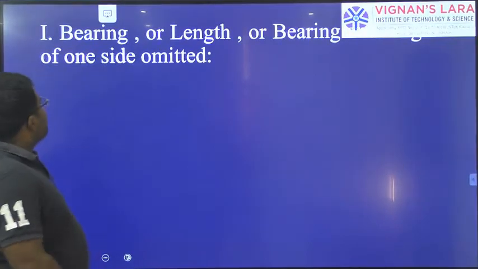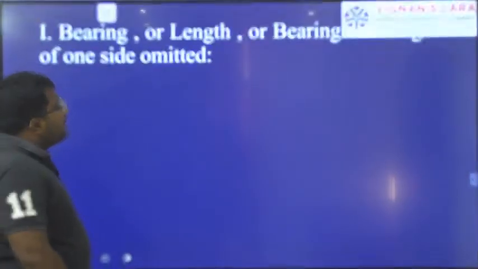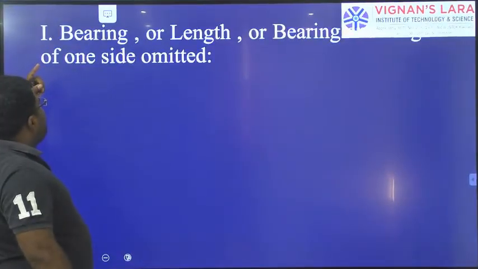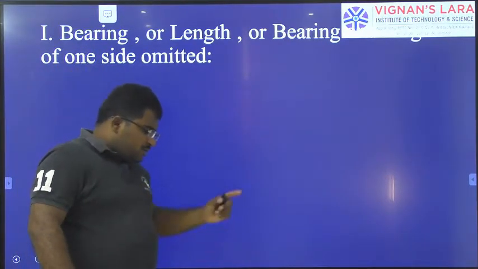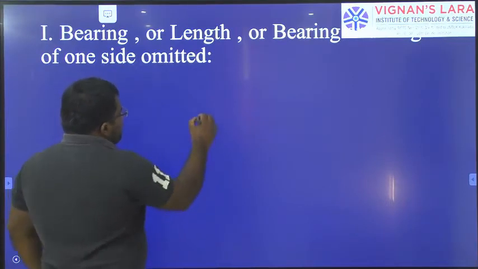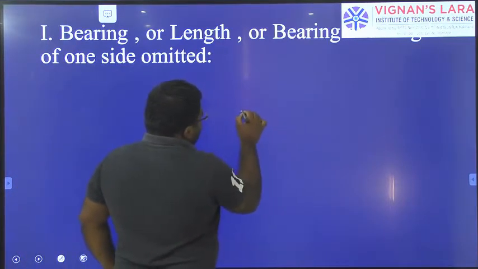Let us see the first case, when bearing and length of one side is omitted. In this case, what you have to do now? Suppose I am going to take one closed traverse.